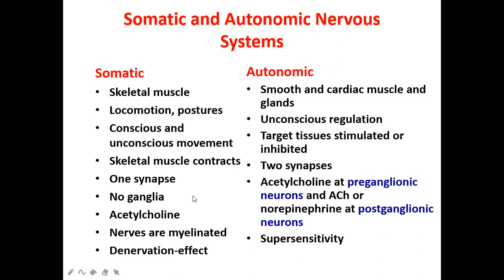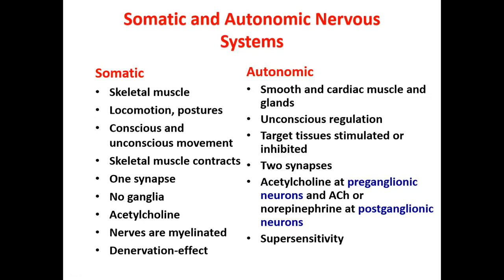There are no ganglia in the somatic nervous system, whereas in the autonomic, acetylcholine is released at the preganglionic neurons, and acetylcholine or norepinephrine is released at the postganglionic neurons. In the somatic nervous system, only acetylcholine is released.